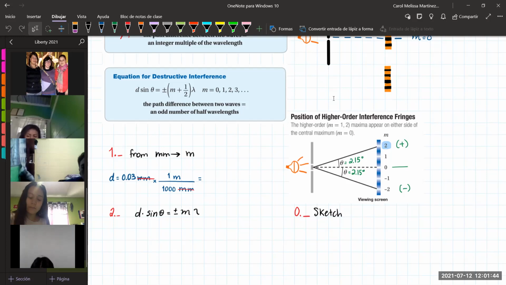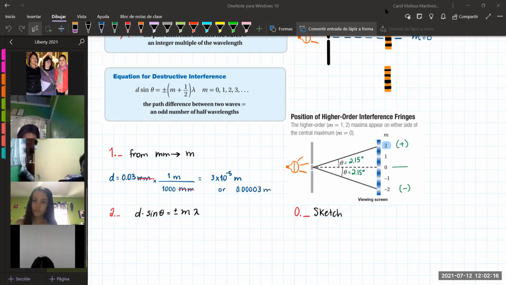Is 0.0003. Okay, and in scientific notation, this is 3 times 10 to the negative fifth power meters, or 0.00003.